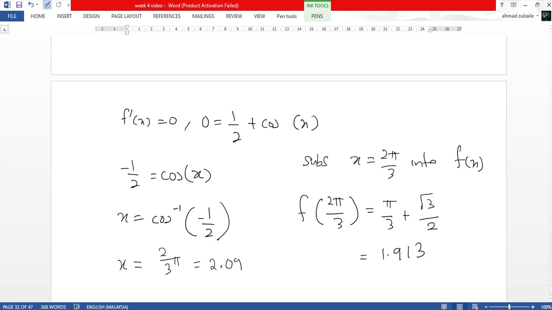Okay, so therefore the coordinate would be 2 pi over 3 and pi over 3 plus square root of 3 over 2, or you may leave your answer with the decimal number. Doesn't really matter, both are correct. 2.09, 1.913.